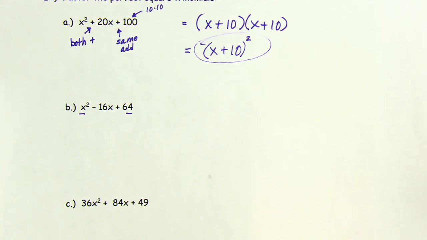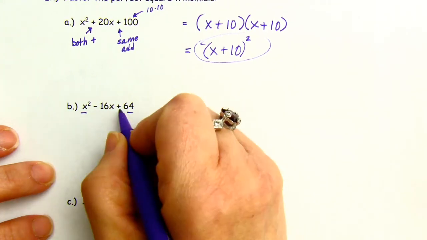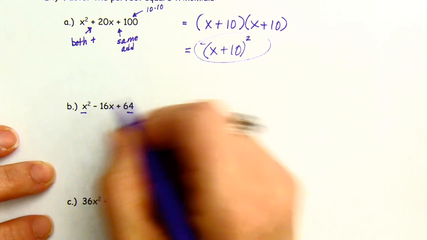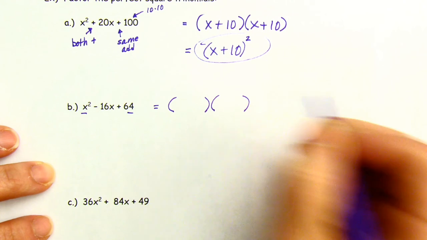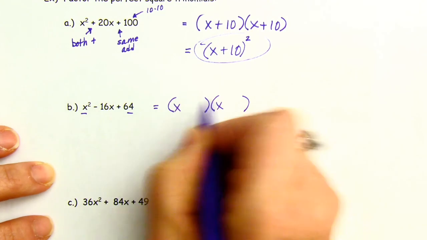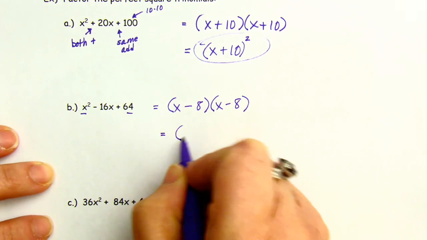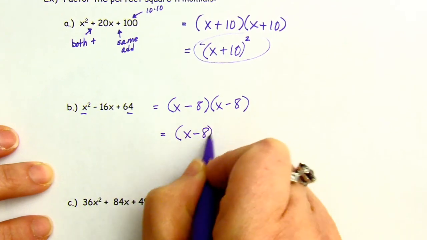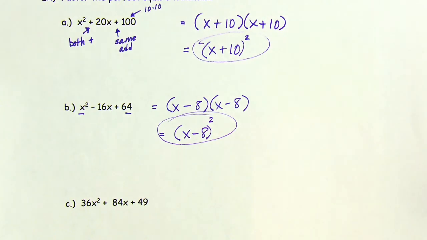You do want to do the check. 8 times 8 is 64. 8 plus 8 is 16. Signs are the same. They're both negative. So I'm going to get x, 8, 8, same signs, both minus. Oh, I've got two of the same, so I clean it up and write it as one of those to the power of 2. Why don't you try the last one?